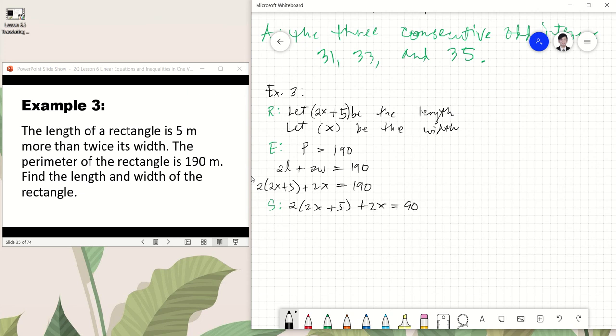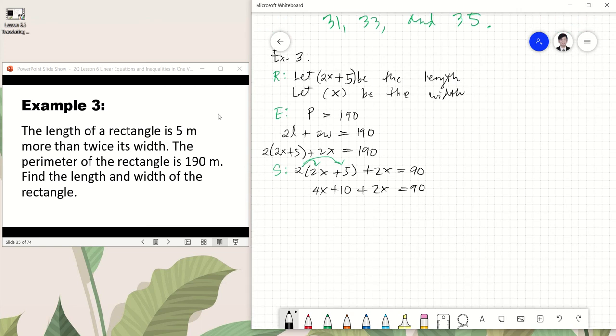Okay, simplify muna natin yung left side. Distribute natin yung 2. So 2 times 2x, then 2 times 5. 2 times 2x is 4x. 2 times 5 is 10. Then, we add 4x with 2x. So 6x plus 10.